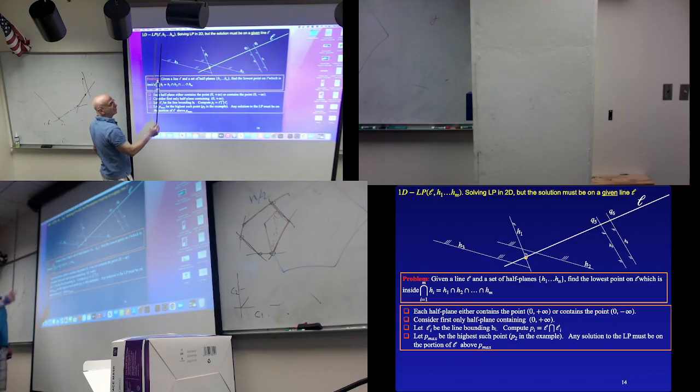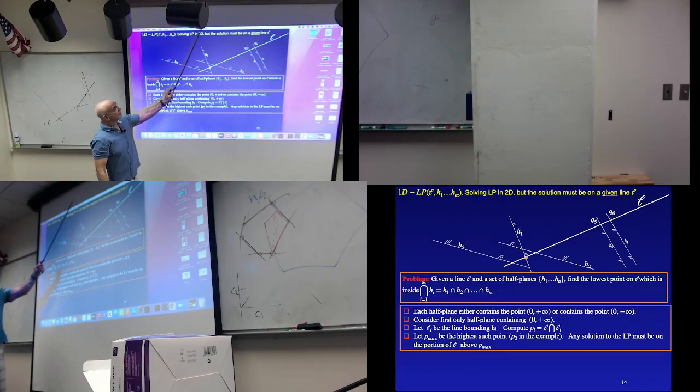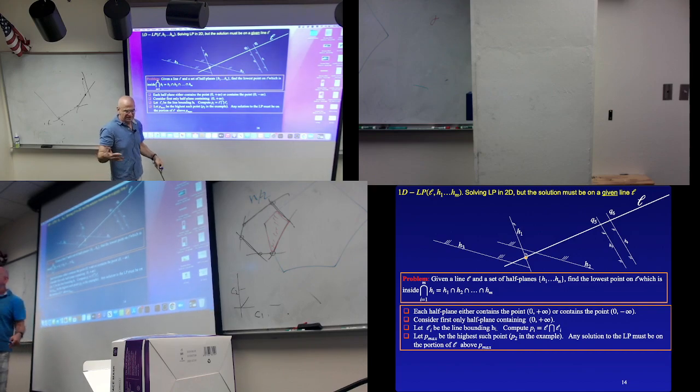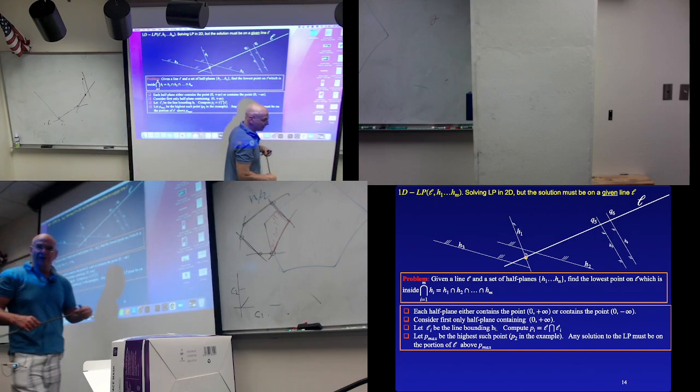What is this point? The point with x equals 0 and y equals infinity. If I go high enough, maybe my half planes will contain this point. And if it doesn't contain this point and it's not vertical, then it must contain this point at minus infinity. Each half plane I can characterize into one of these two classes.